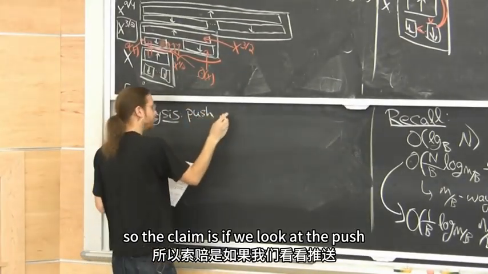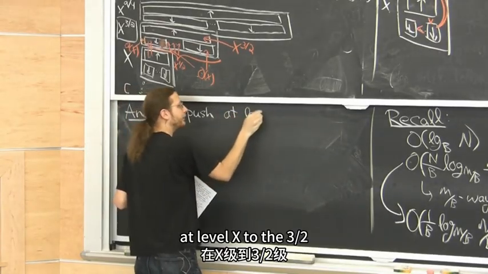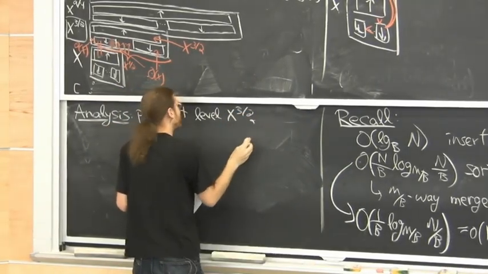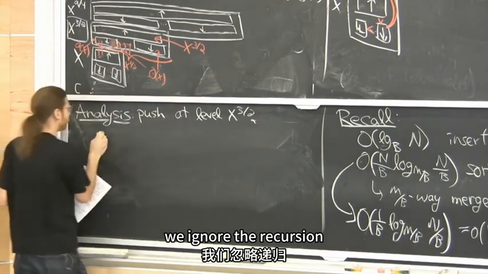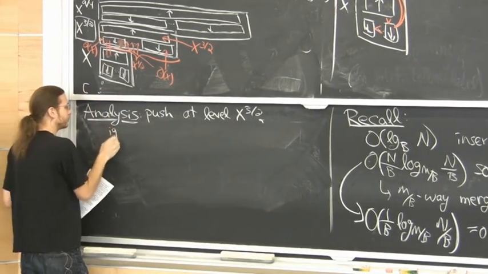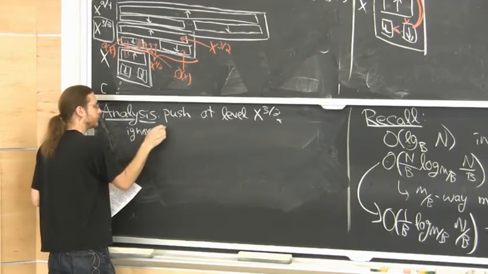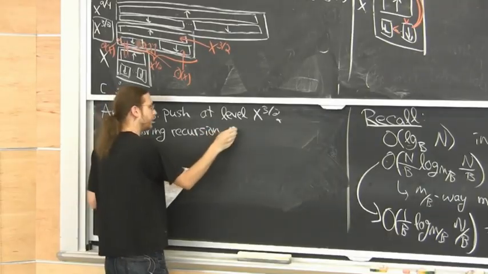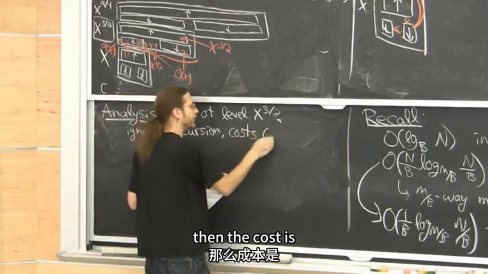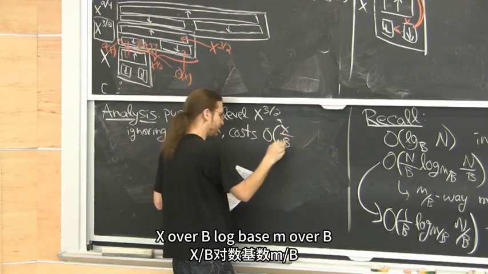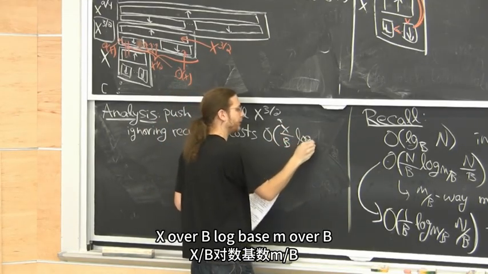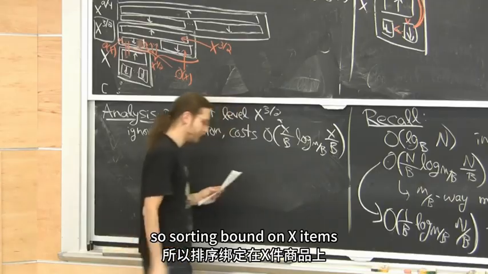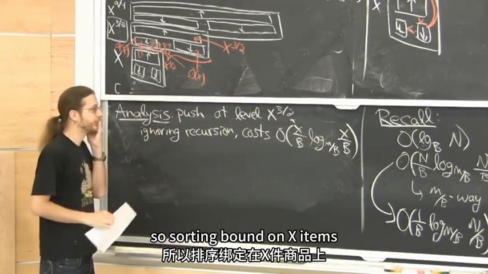So the claim is, if we look at the push at level x to the 3/2, which is what we just described, and we ignore the recursion, then the cost is x over B log base M over B of x over B. So sorting bound on x items.